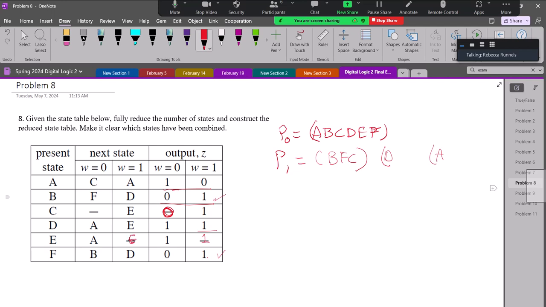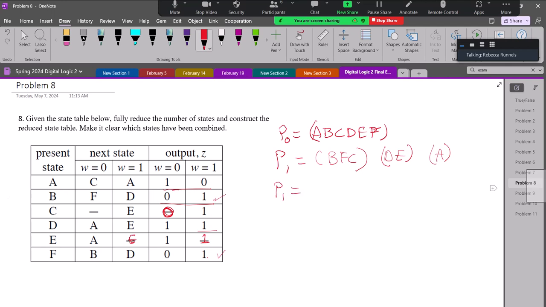I know E and D are going to be together forever because they have exactly the same outputs. So I'm just going to go ahead and do that because that just makes it easier for me. And now I have A, B, C, D, E, F. I don't have to do anything with A because it's all by itself. D, E, I've made those so that they're good. So now I just need to look at B, F, and C.